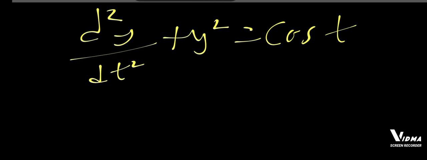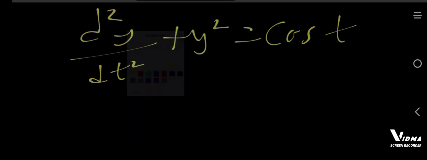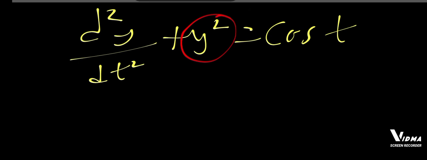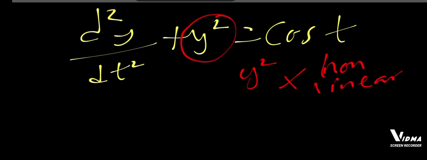We have y square here, and our first condition said the dependent variable and all its derivatives must be in the first degree, but y square is in the second degree, so this makes our differential equation non-linear.